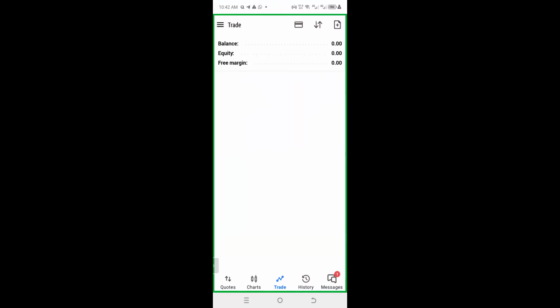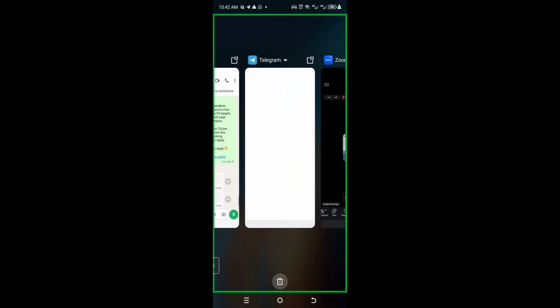Okay, so we've introduced this now. So let's fund this account. To fund this account, we go back to where we came from. Whichever broker you're using is not a big deal. Just look for how to create an account there and check deposits there.